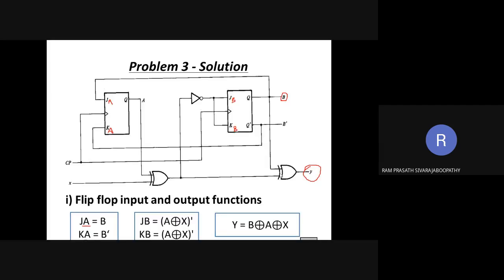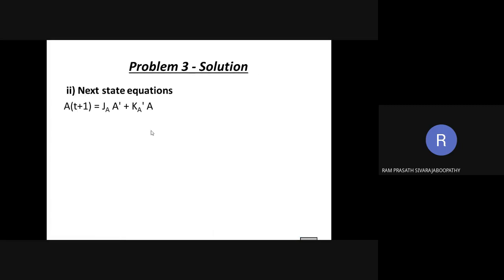How can we say it, I said? Simply say A. A little while ago I said A means QA. Similarly, what is B? QB, correct? So A of T plus 1 equals JA A bar plus KA bar dot A. The actual equation is J Q bar plus K bar Q. So for the first flip flop, Q is nothing but A. J equal to JA, that is what we substituted here. JA A bar plus KA bar A.